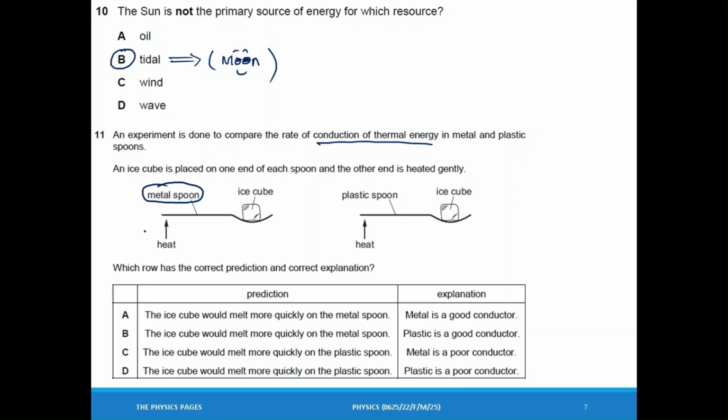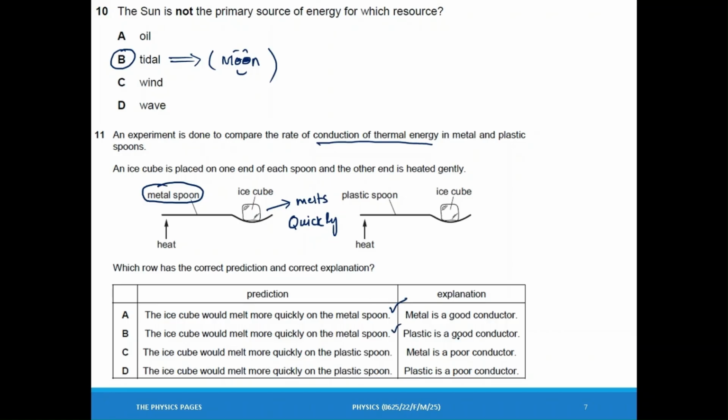When conduction is quick through the metal, the ice cube will melt quickly. So we can simply say which one is the correct prediction. The prediction is the ice cube would melt more quickly on the metal spoon. So our answer may be either A or B.